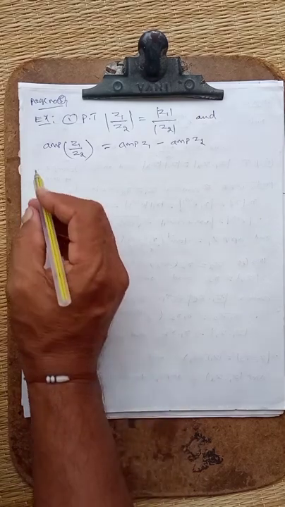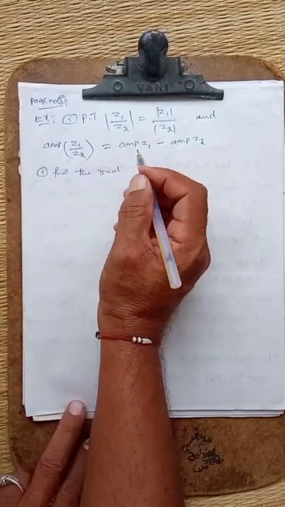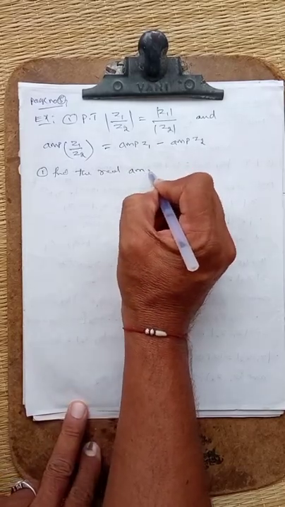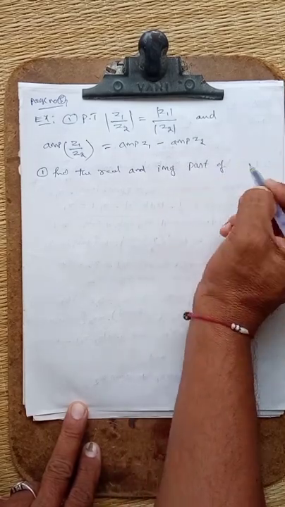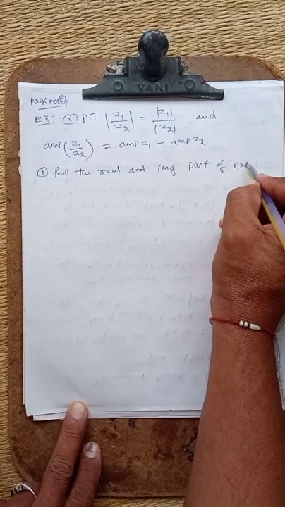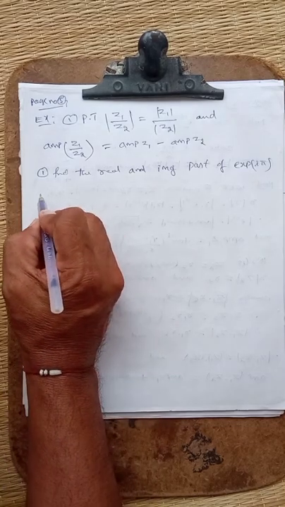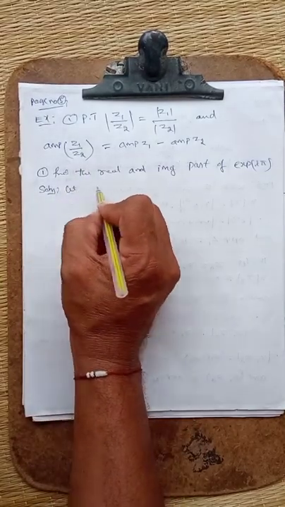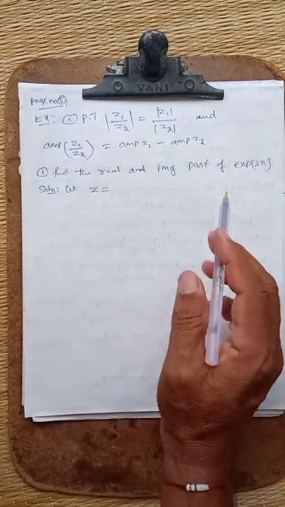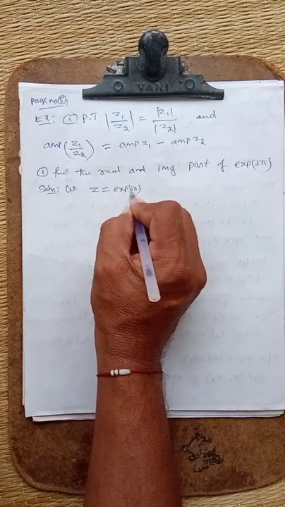Find the real and imaginary part of exponential i5. Solution. Let z equal the given complex number. Given complex number is exponential i5.